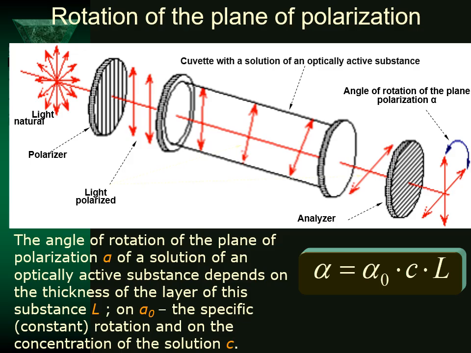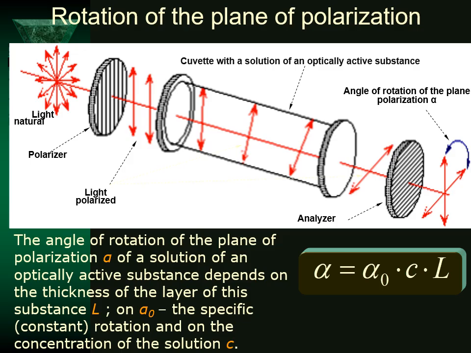As a result, after passing through the cuvette, that is, through the optically active substance, the position of the vector E relative to the previous position gives the angle alpha, the so-called angle of rotation of the polarization plane. It is this angle that the saccharimeter is able to measure.